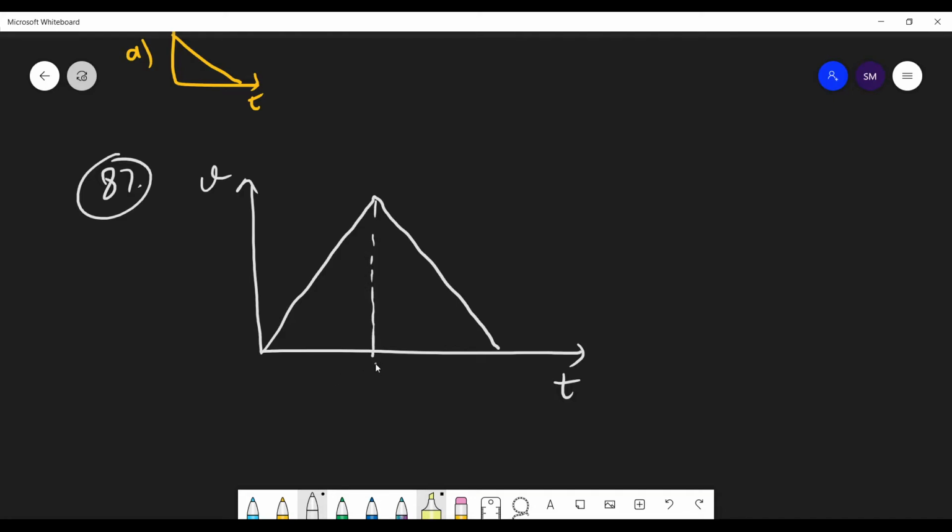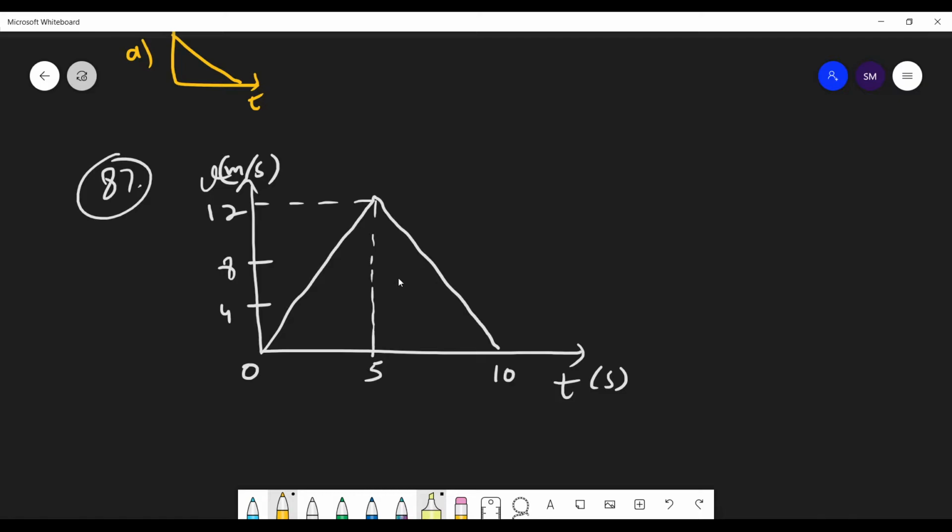This is 5, 0, 10 seconds. This is 4, 8, and this is 12. The units of velocity is meter per second.